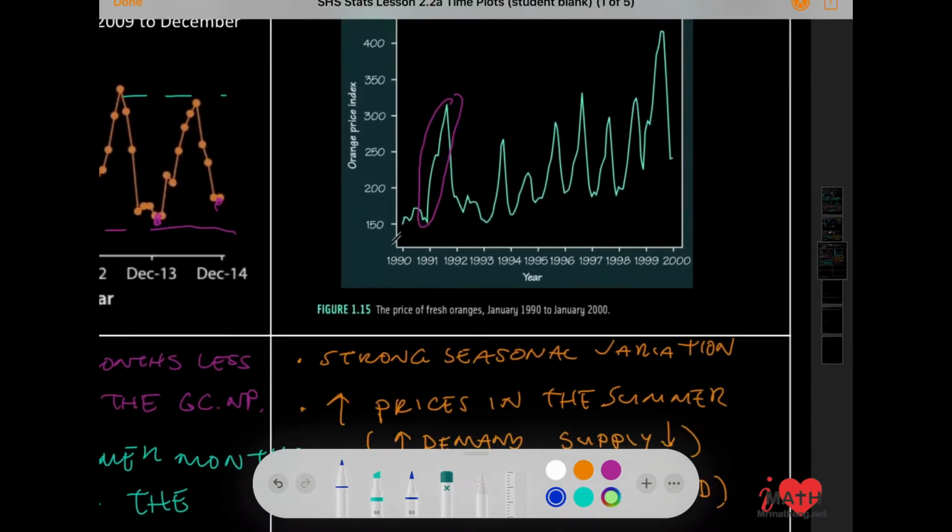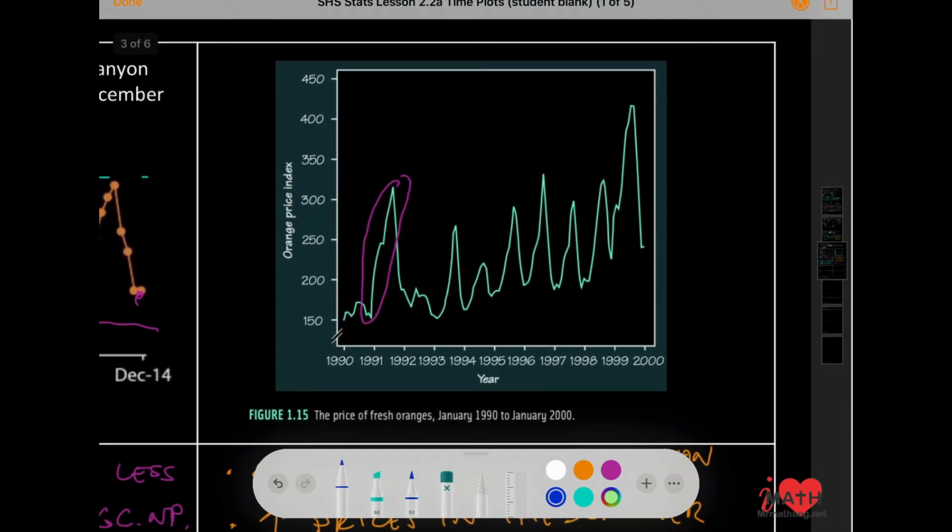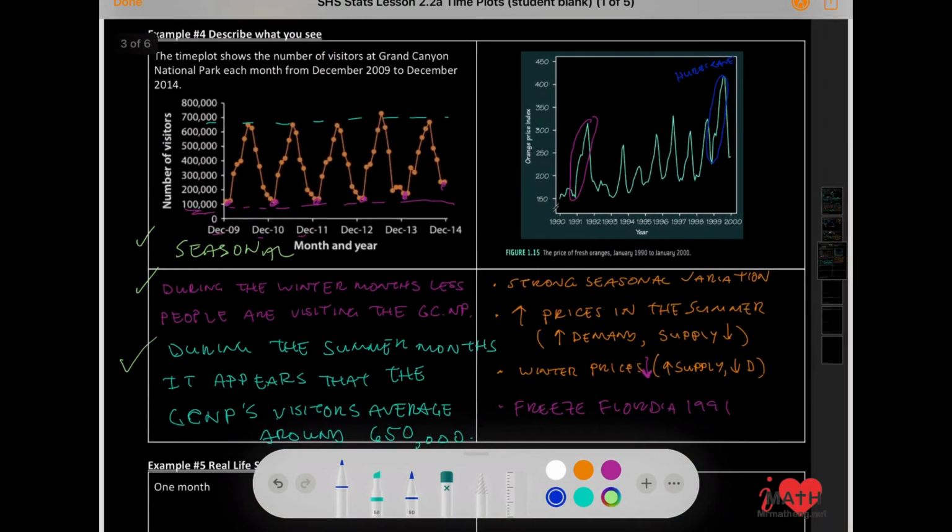Or maybe over here, maybe in 1999 there was a hurricane. I don't know if that was the right year, but maybe like Hurricane Katrina wiped out all the orange crops. So there was no supply. Everybody still wants the oranges. And so you need to think about some trends over time.